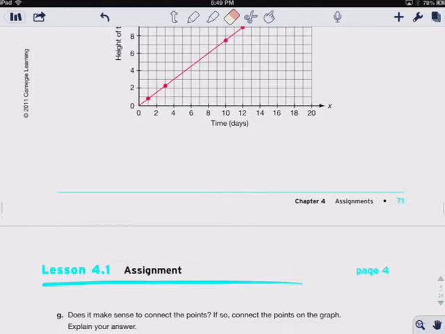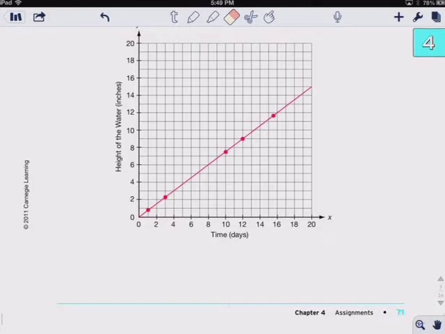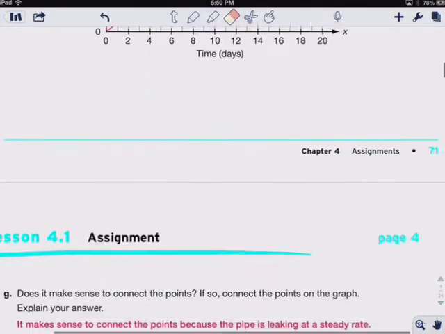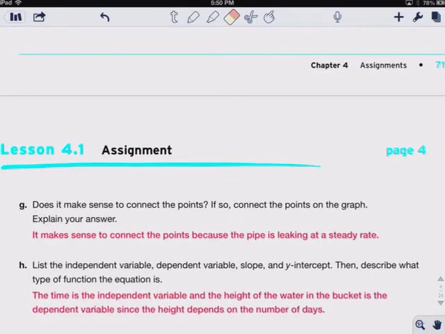Time is continuous. There's no breakage. So you connect them. And water dripping, there's no real breakage in that either. So that's why we connect the dots. It makes sense to connect the dots because the pipe is leaking at a steady rate, or time is, that you can look at it too.